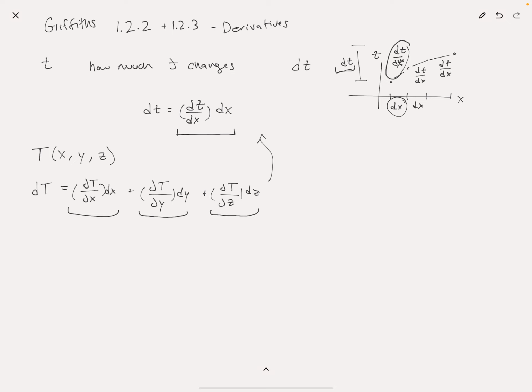Now, it may not be obvious that you can do this, but this is looking like the output of a dot product, right?